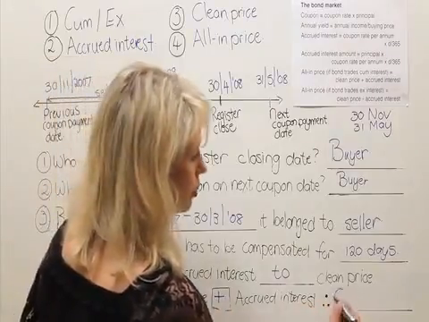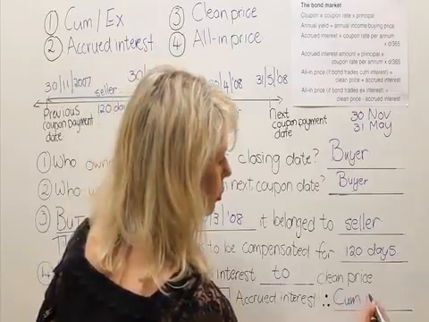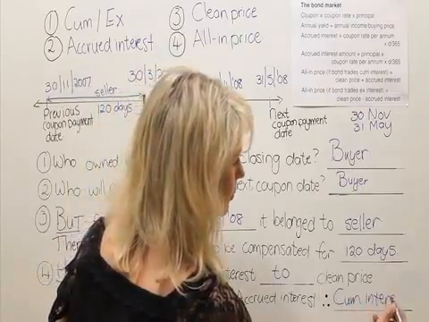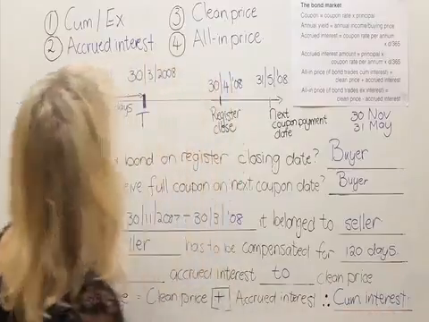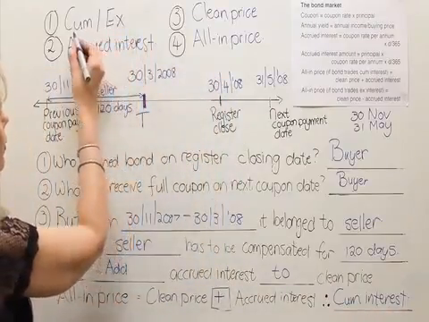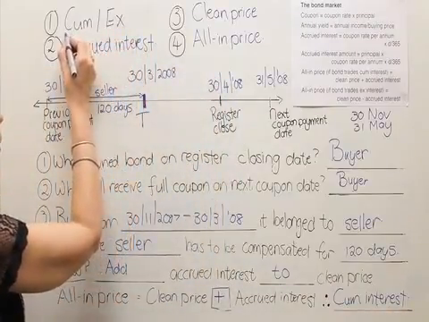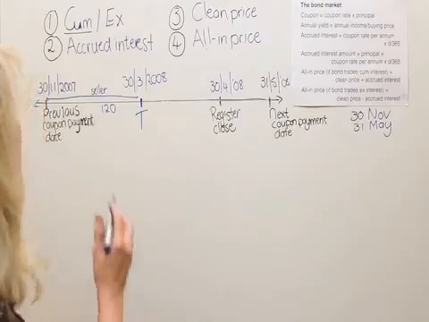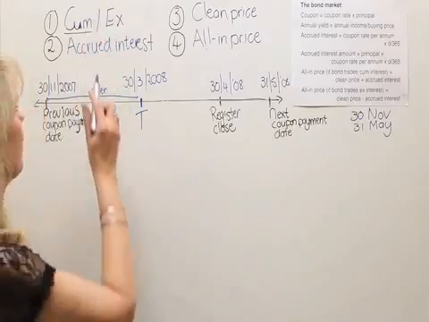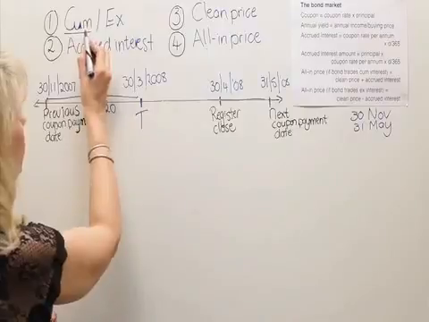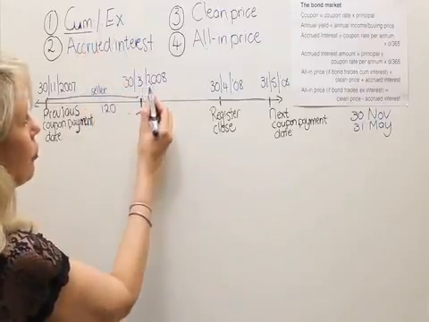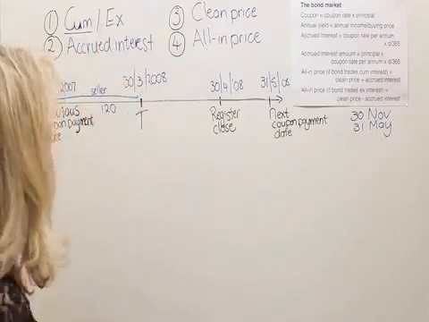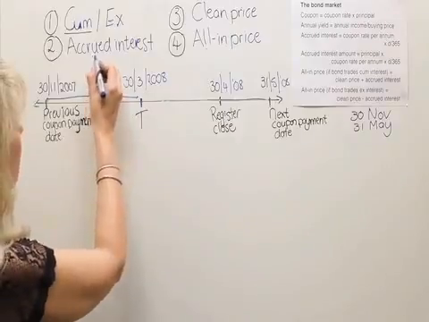So this bond will trade cum interest. Therefore, we have done the first thing. We've decided that this bond is going to trade cum interest on the 30th of March 2008. So now we have to do step number 2.